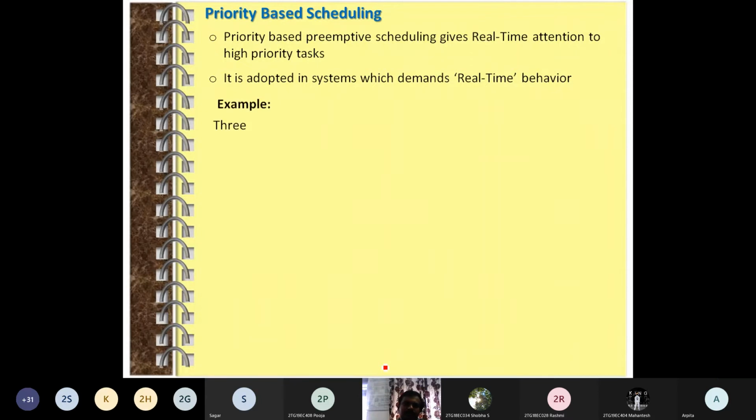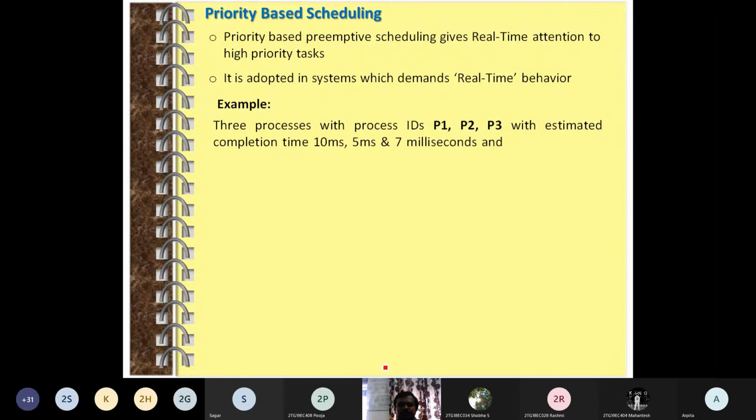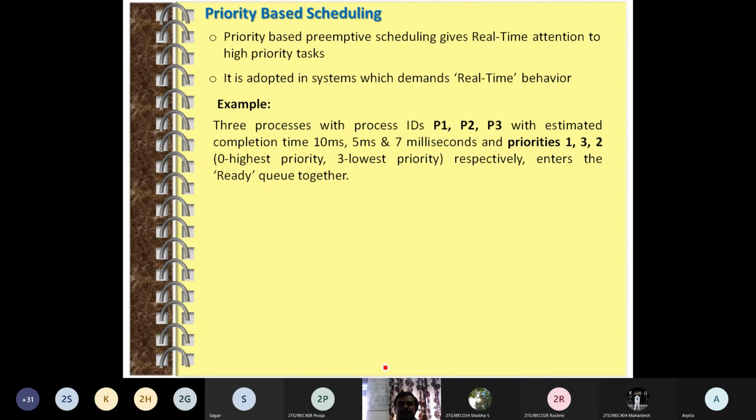So if we go for example, suppose there are 3 processes with process IDs P1, P2, and P3 with estimated completion times of 10 milliseconds for P1, 5 milliseconds for P2, and 7 milliseconds for P3. And here another term comes for each process: priority.